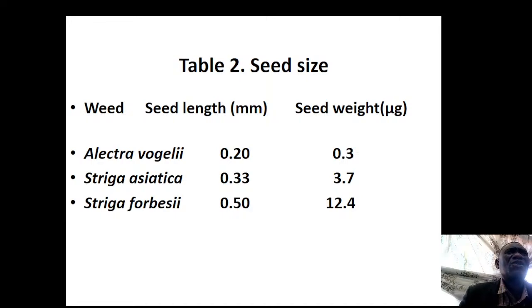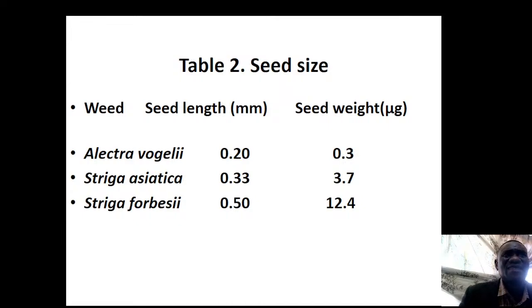In Table 2, we are showing the seed size. Here we just want you to appreciate how small the seeds of parasitic weeds are. For Alectra vogelii, seed length is 0.2 millimeters and seed weight is 0.3 micrograms.